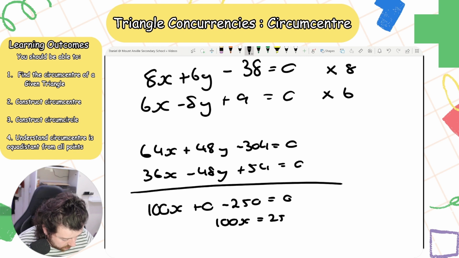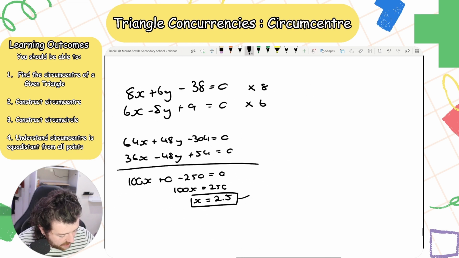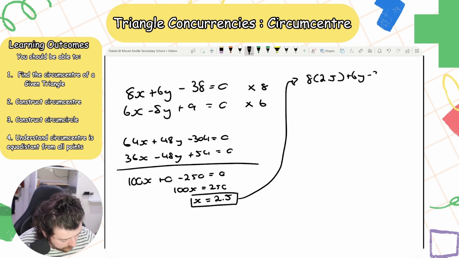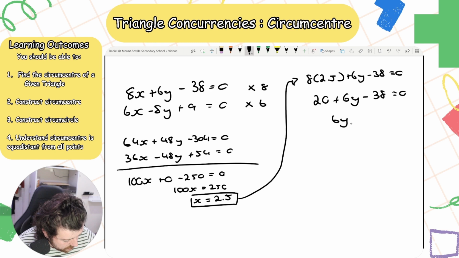100x equals 250. X is going to equal 2.5. Bring it up. Solve for y. So 8 times 2.5 plus 6y minus 38 equals 0. 20 plus 6y minus 38 equals 0. 6y minus 18 equals 0. 6y is equal to 18.